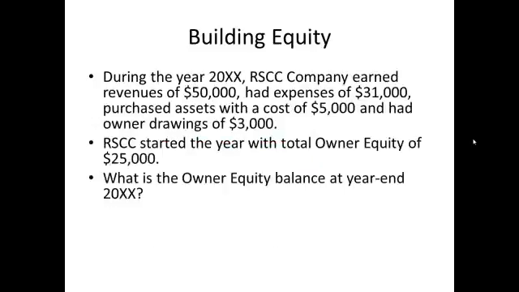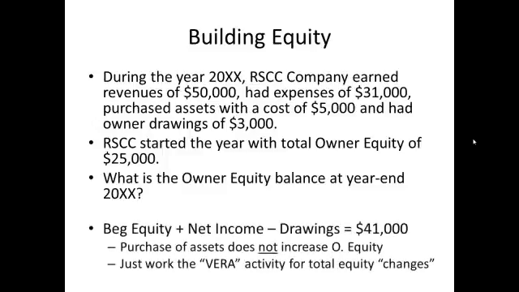Another example, same data, but we added one more information element. Let's say the company, our ACCT company, started the year with total owner's equity category of $25,000. And during the year, they had the activity as shown at the top. The question is, what is the owner's equity balance at year end?